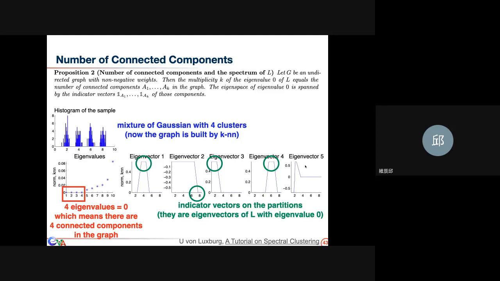Actually, there can also be some other forms. They are also closely related to the indicator vector. Why?